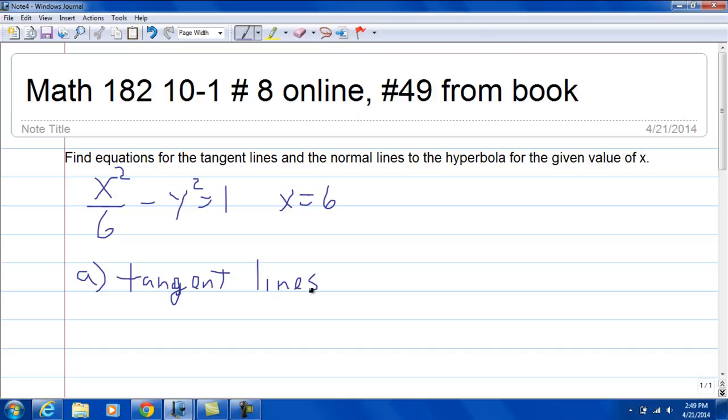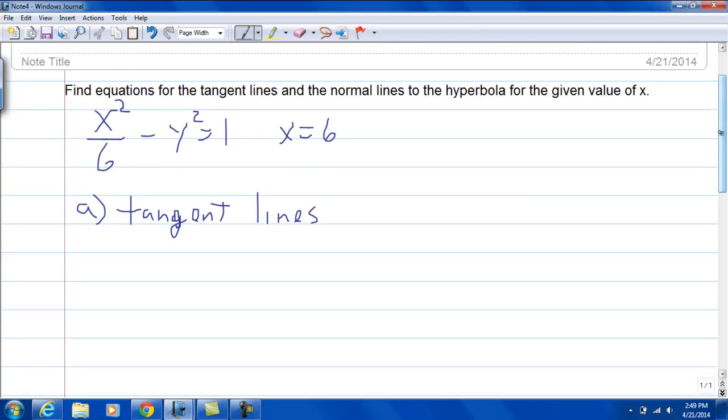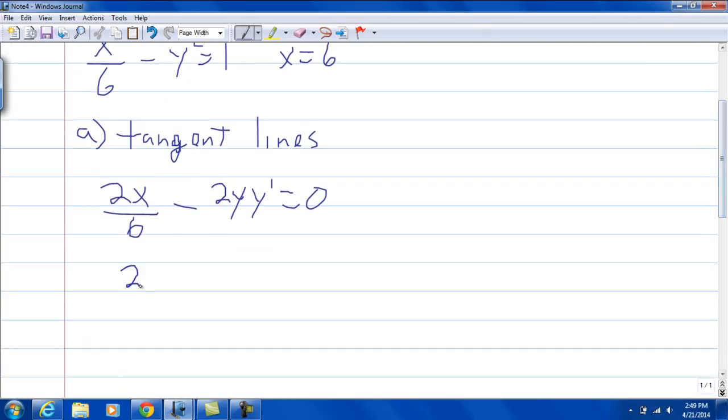If we take the derivative of this function, we get 2x over 6, taking the derivative with respect to x, minus 2y prime equals 0. So 2x over 6 equals 2y prime.